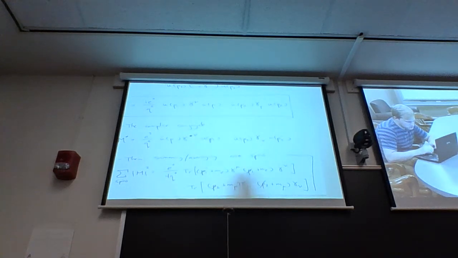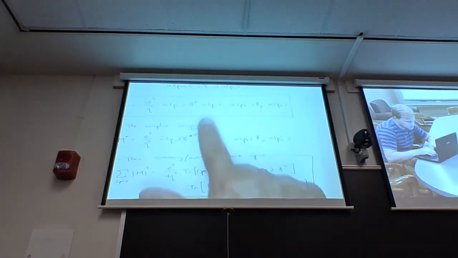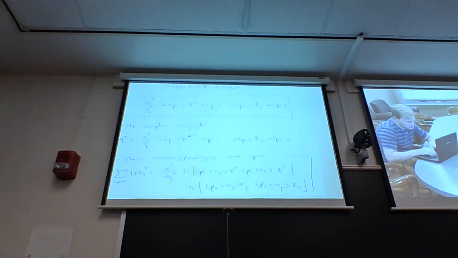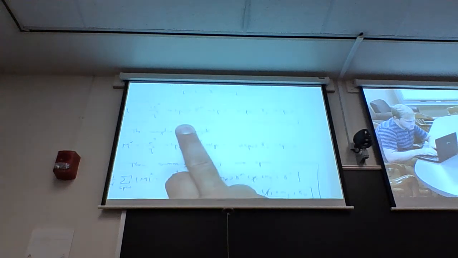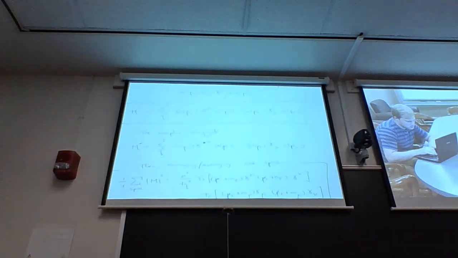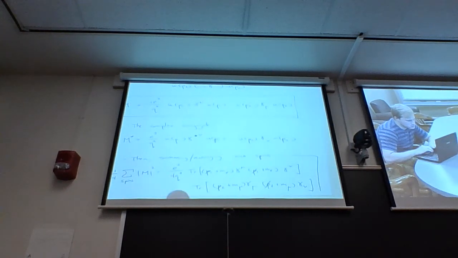And remember, when you take a complex conjugate, make sure you change the names of the indices, even though they're dummy indices, because you don't want to start contracting stuff that's not supposed to be contracted. All right. Okay. And so we can take our matrix element, multiply by M star, sum or average over the spins, and what we get is something that looks like this. Okay, so we have to evaluate these traces again.